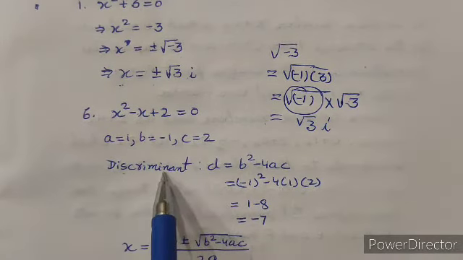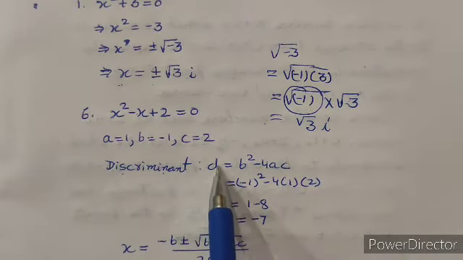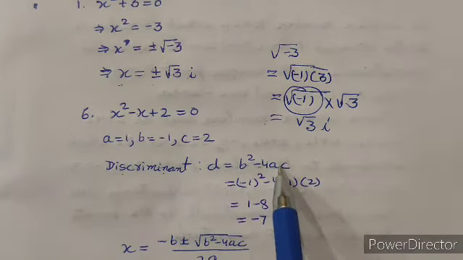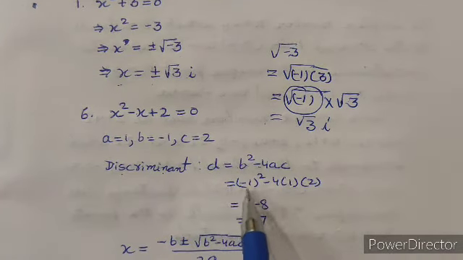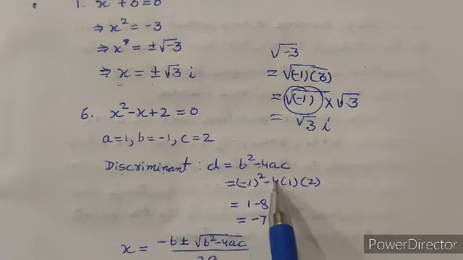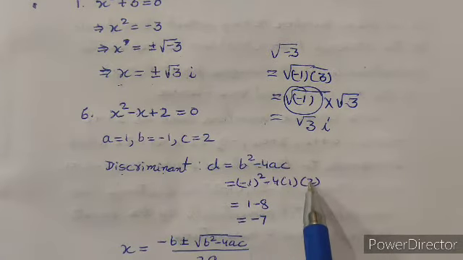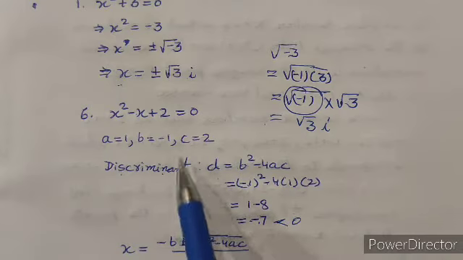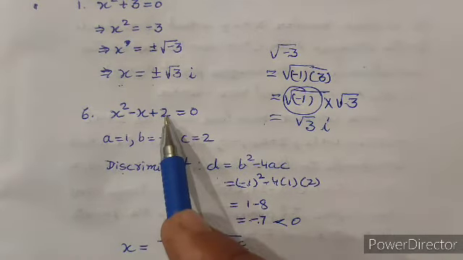Now the discriminant of the quadratic equation, that is d, will be equal to b square minus 4ac. That will be minus 1 square minus 4 into 1 into 2, and that will be equal to minus 7. As the discriminant is less than 0, the given quadratic equation will have imaginary roots or no real roots.